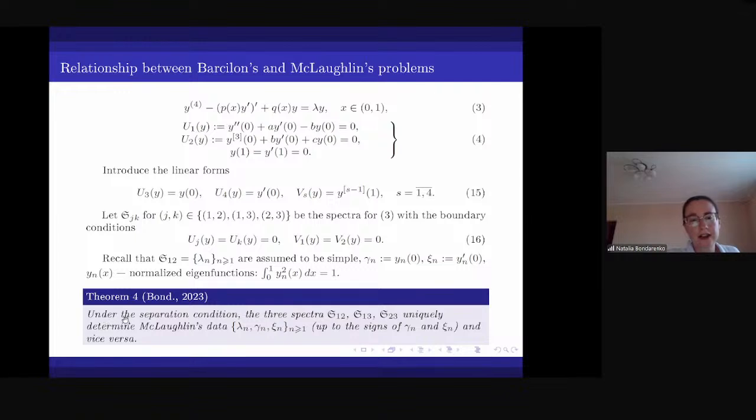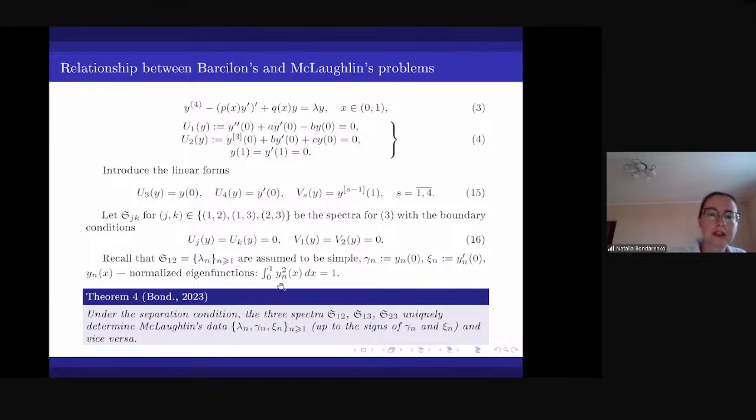It can be shown that under the separation condition, these three spectra uniquely determine McLaughlin's data, the eigenvalues and two sequences of norming constants, and vice versa. Norming constants are determined up to the signs because here we consider eigenfunctions normalized in this way.